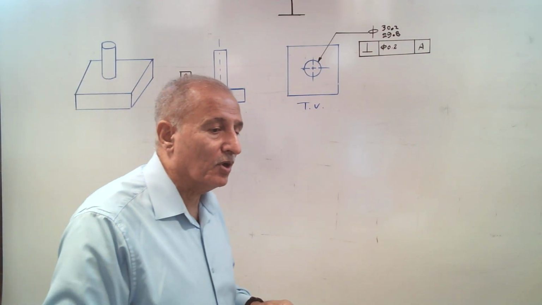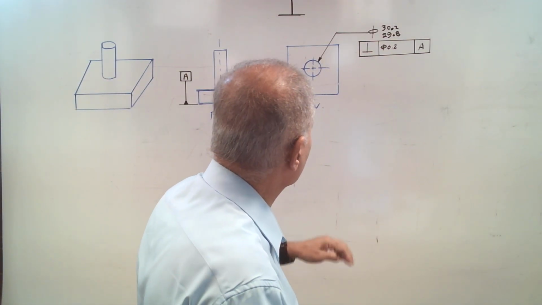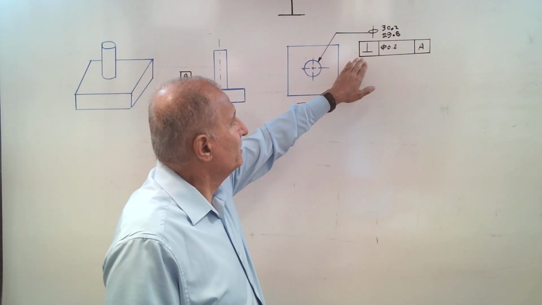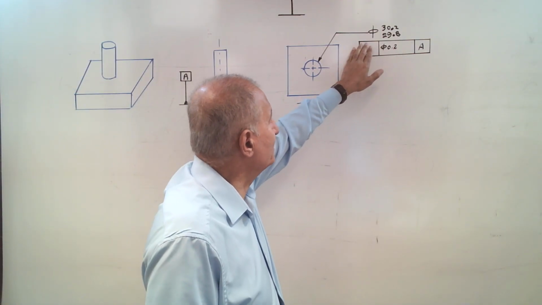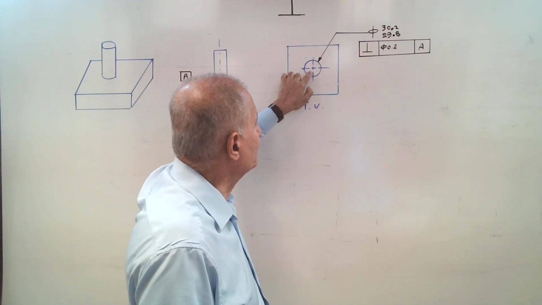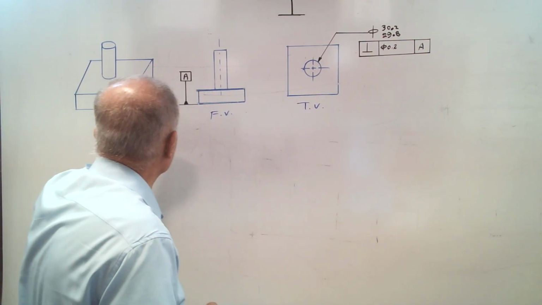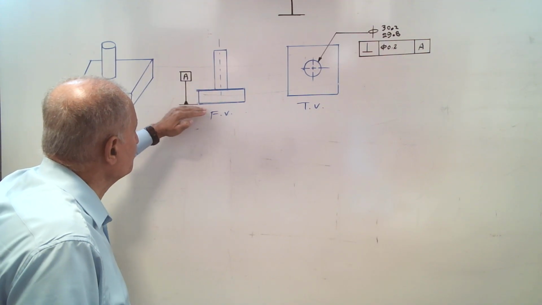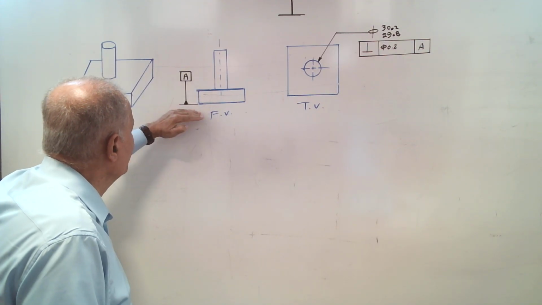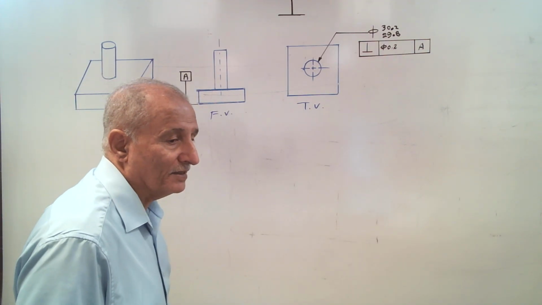Then we want to apply and interpret the perpendicularity tolerance that is applied to the axis of this shaft here, which must be perpendicular to datum A, the bottom surface as datum A.